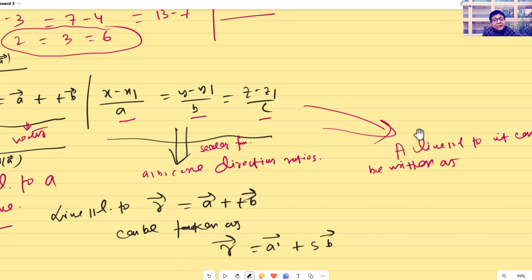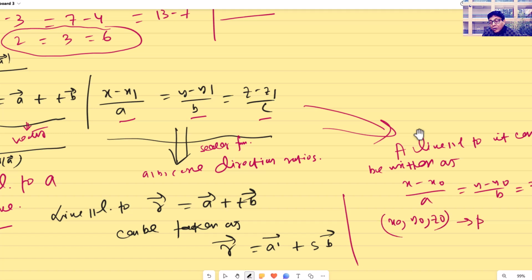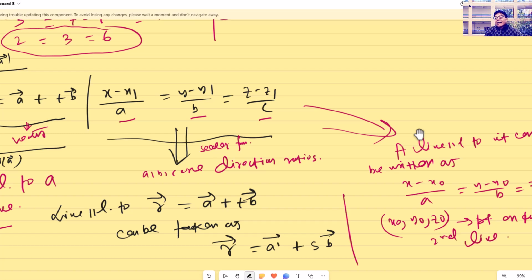It can be written as (x minus x0) by a, (y minus y0) by b, and (z minus z0) by c. What are those x0, y0, z0? x0, y0, z0 are the point on the second line. The direction should remain the same. Only a point will determine the other line which is parallel to this line.